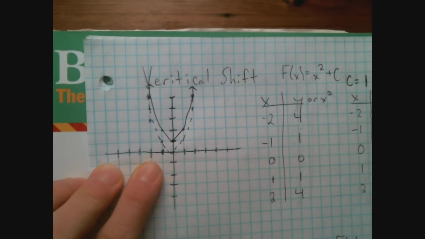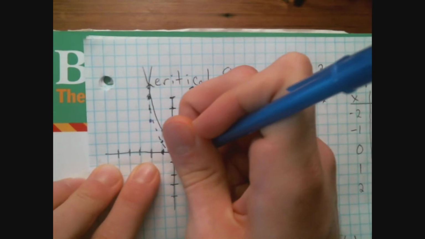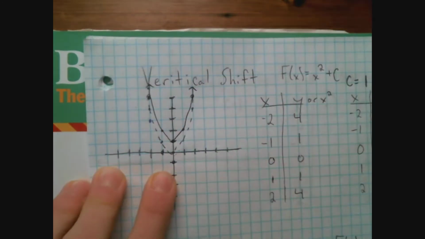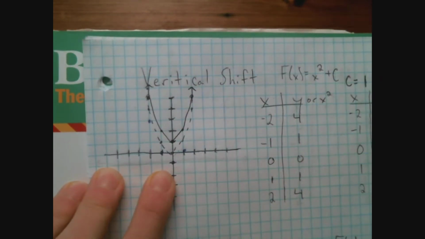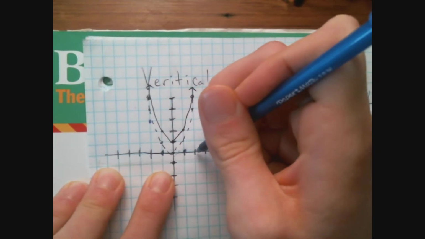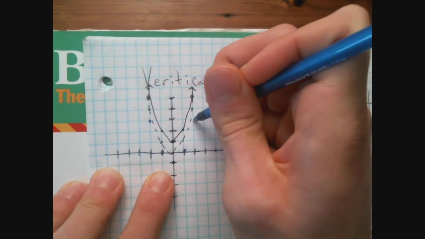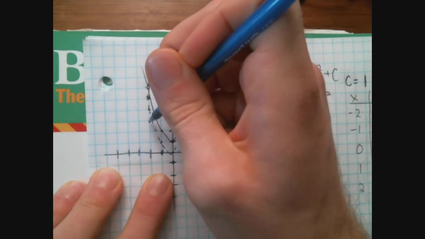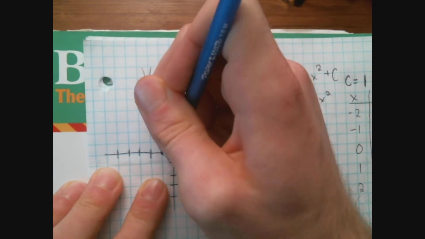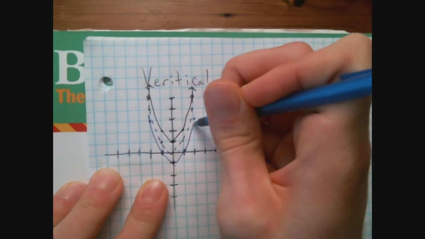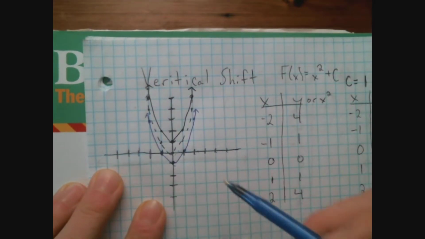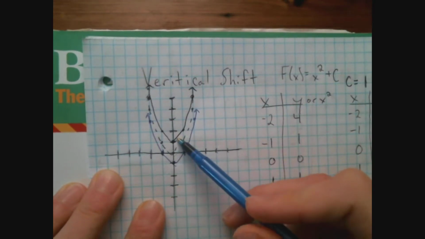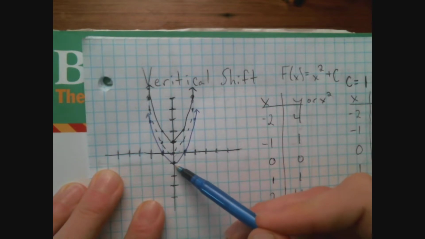Then 0, negative 1, our lowest point is there, then 1, 0, and then 2, 3. So our function will look something like that. If you can see, when we shifted up, it went up. When we shifted down, it went down.